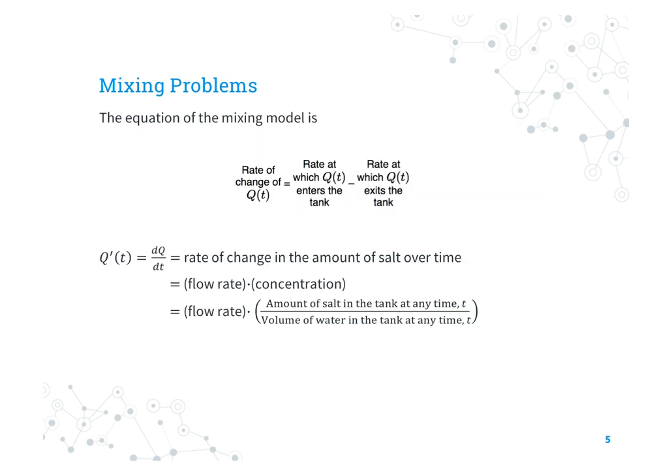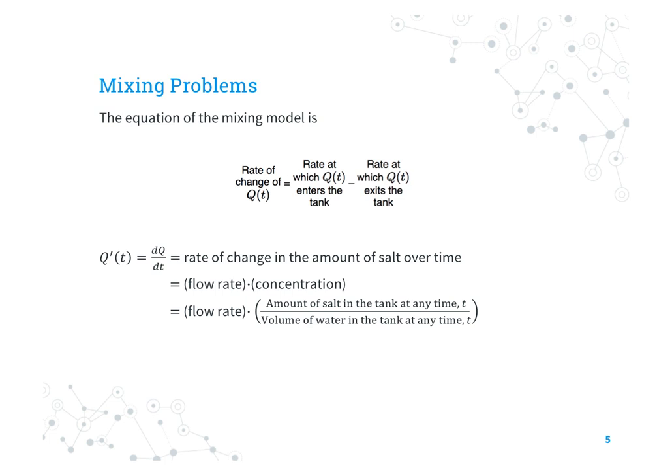To begin building our model, we need to start with figuring out how to find the rate of change of the amount of salt. So we can find our rate of change of Q of T by taking the rate at which the salt enters the tank minus the rate at which the salt exits the tank. That will be our Q prime of T, or dQ/dt, which is our rate of change in the amount of salt over time.